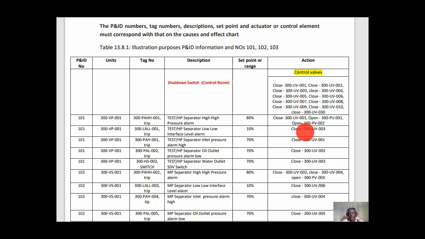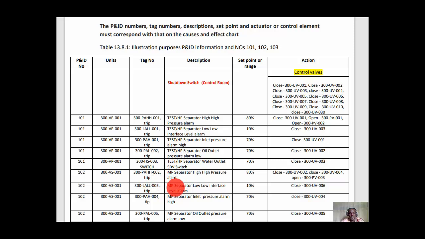300-PV002 will also open. Let's take a look at the P&ID label 102, unit 300-VS-001, tag 300-PAH-002 trip.